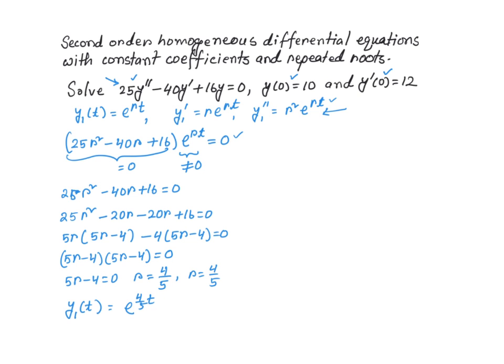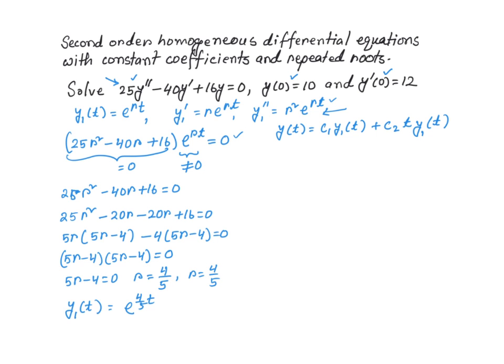Now, as we know, for repeated roots, the solution is going to be of this format: y(t) is equal to c1 y1(t) plus c2 times t times y1(t).